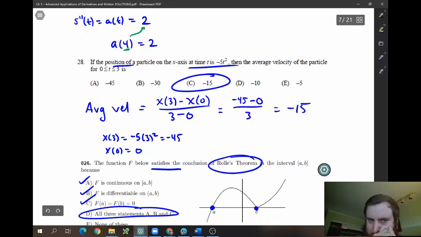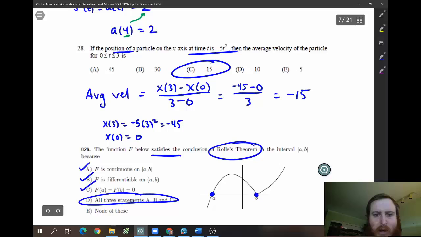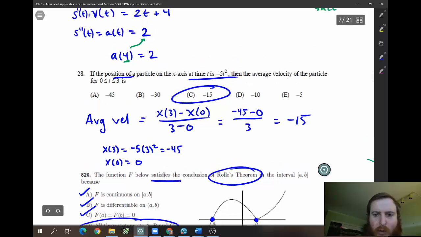All right, next up, we have the position of a particle is negative 5t squared, and we want to know the average velocity. So for average velocity, we do have two options. We have position at b minus position at a over b minus a, or we have 1 over b minus a times the integral from a to b of the velocity of t dt.